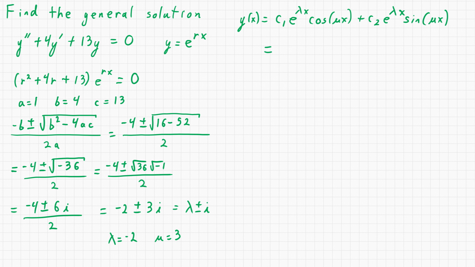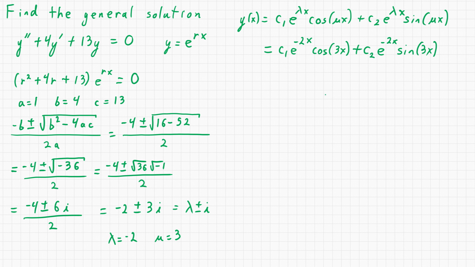So plug in those numbers, we end up with c1 e to the negative 2x cosine of 3x plus c2 e to the negative 2x times sine of 3x.